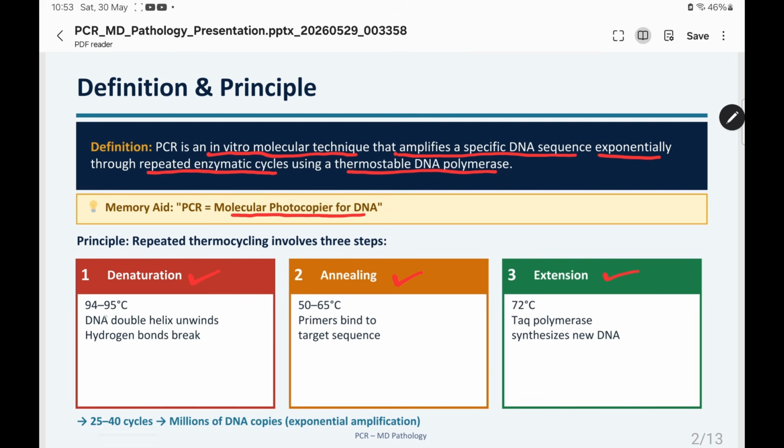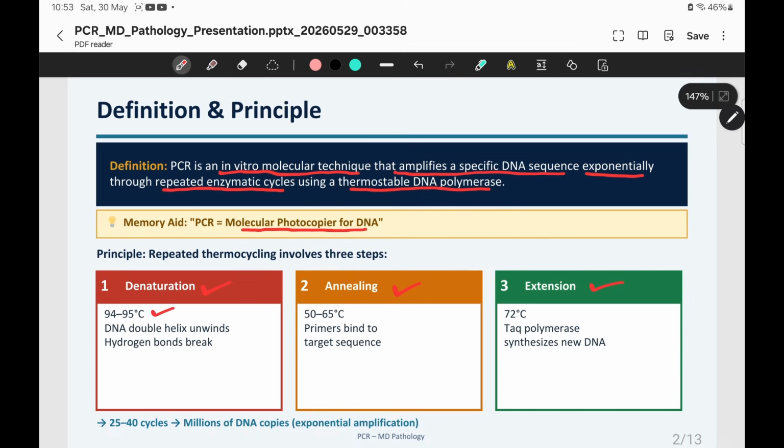So the denaturation happens at 94 to 95 degrees centigrade. In this step, the DNA double helix unwinds and hydrogen bonds between the two strands of DNA break. Annealing happens between 50 to 65 degrees centigrade and primers bind to the target DNA sequence.